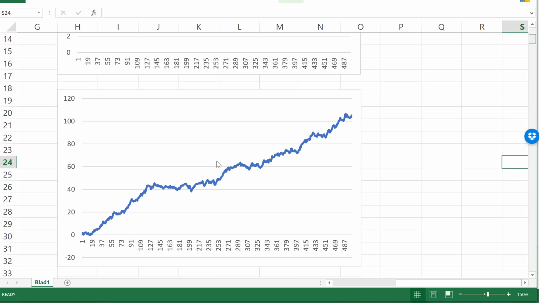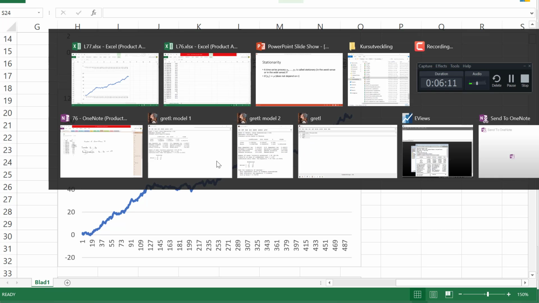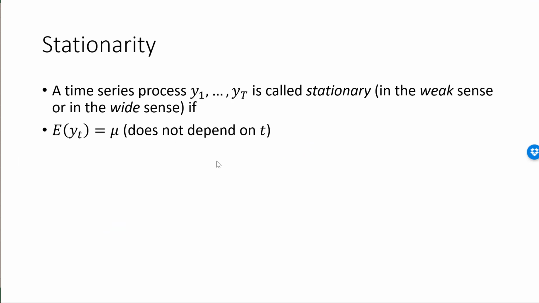So to evaluate whether the first condition is satisfied or not, we also have to think a little bit about what time series data we are talking about. For example, if yt is, let's say, GDP, then it's completely unrealistic to believe that that should be stationary, because we would then have to assume that the expected value of GDP is constant over time, which would imply that there is, in general, no growth in the economy.